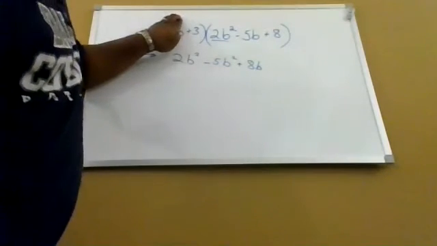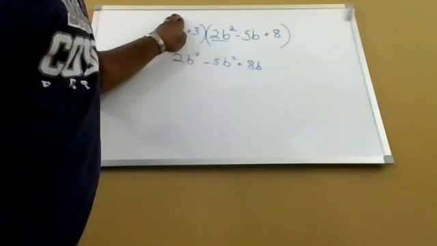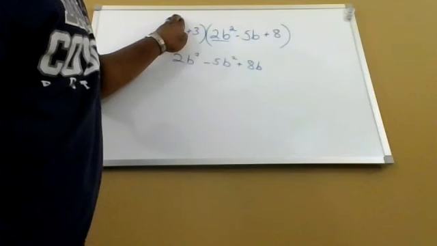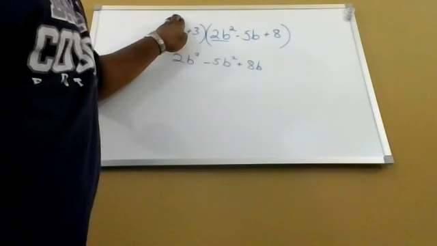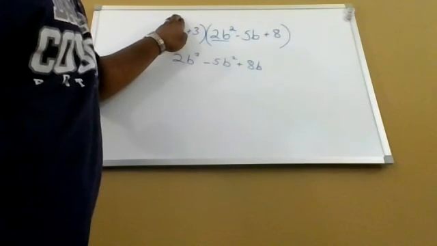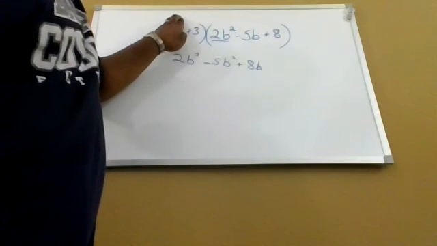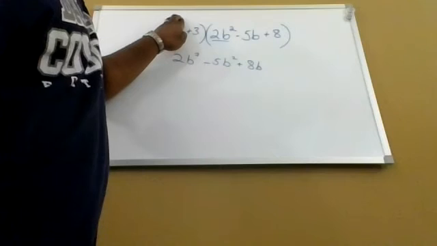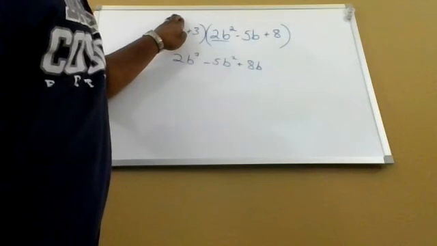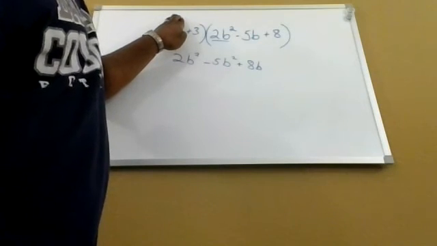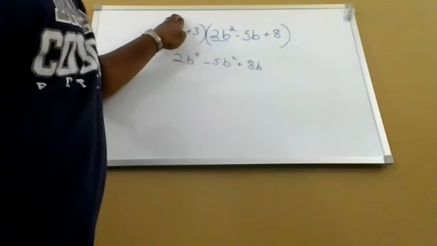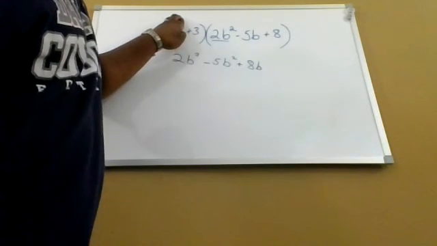So now if you think about covering up that b and think about distributing 3 times 2b squared, and then 3 times negative 5b, and then 3 times 8.